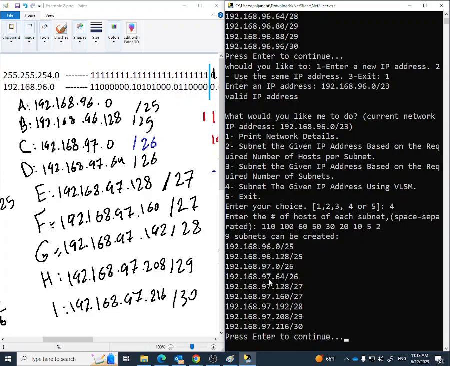This is 97, 64. Here it is. Yeah, 26. Yep. 97, 128, 27. Here it is. 97, 160, 27. Here it is. 97, 160. We got that. 97, 192 with a 28 prefix, and then 97, 208 with 29, and then finally 97, 216 with 30. And here we go. You got it right.